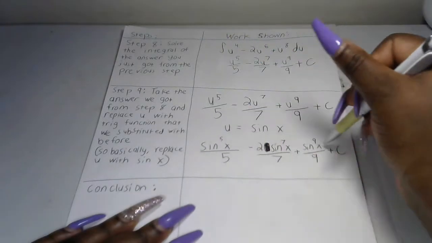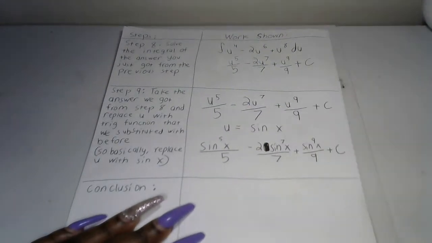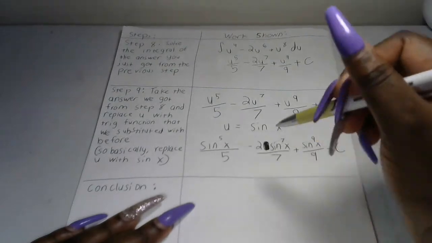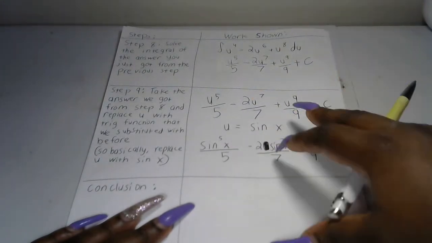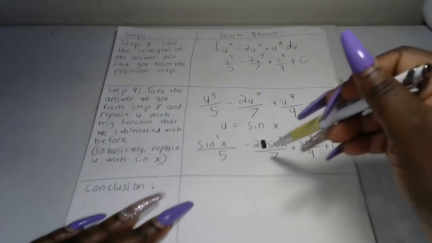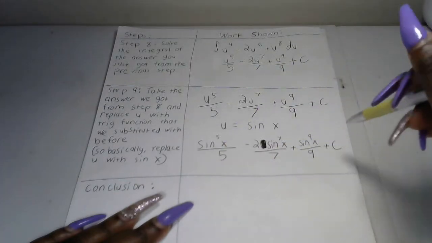So this is the answer to the integral. Please ignore this; I'm going to put some whiteout on that before I upload this to the notes on Google Drive. But this is our answer to the integral.